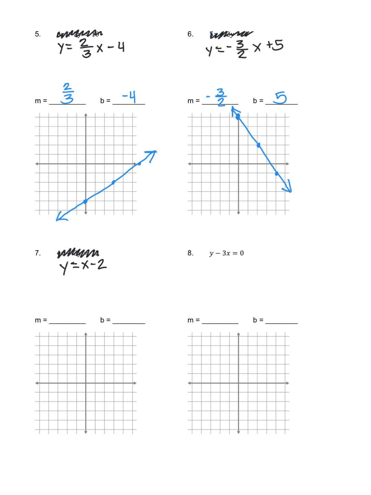Are we on 7? Yes, our slope is 1. And what is our y-intercept here? -2. It is -2. Good job.